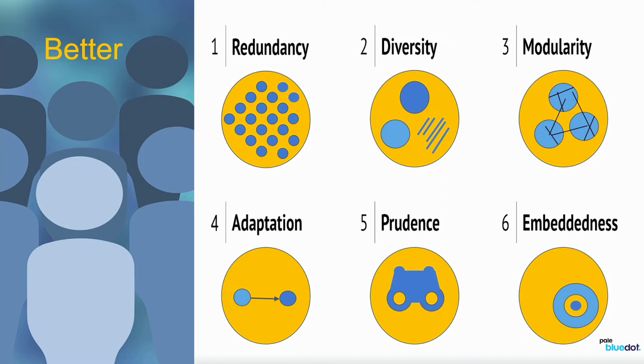So what does the body do? The body's been doing this a lot longer than modern healthcare. And therefore, it's already built an immune system that has various features which are key to how it ensures resilience and resourcefulness. So we have redundancy in our system, in our own biology. We have diversity of cell types and mechanisms that we use. We have a modular approach which is integrated. And basically, we adapt.